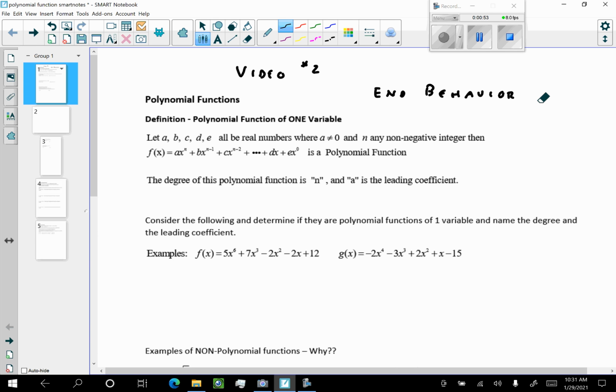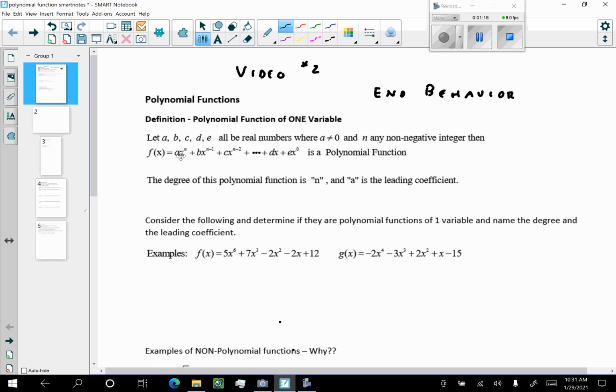So here's my definition of a polynomial. I have a, b, c, d, all real numbers. A does not equal 0, and n is any non-negative integer. So n we know is a whole number. And I have my polynomial f of x equals a x to the n, plus b x to the n minus 1. And we know that the degree of this polynomial is n.